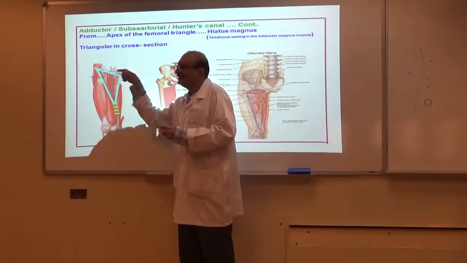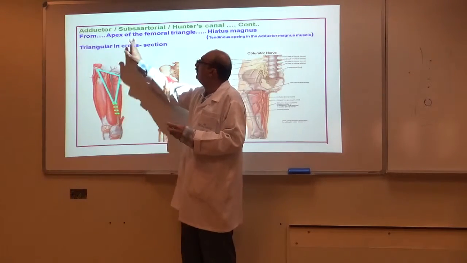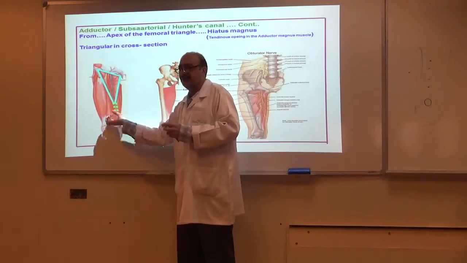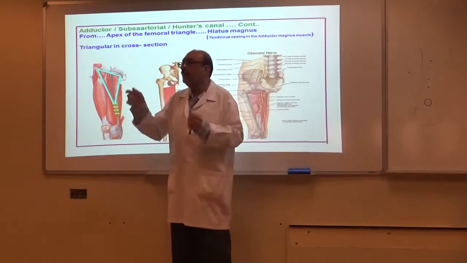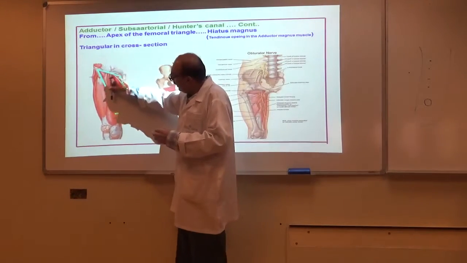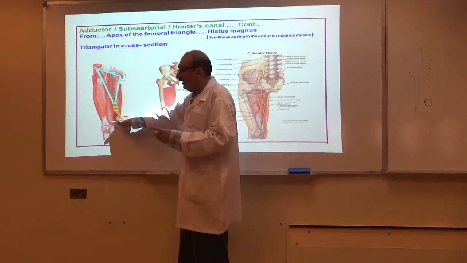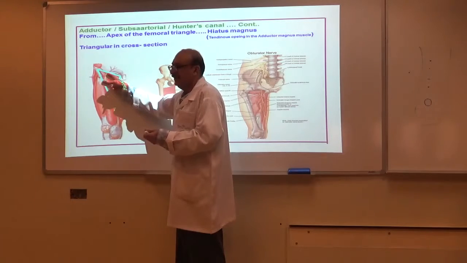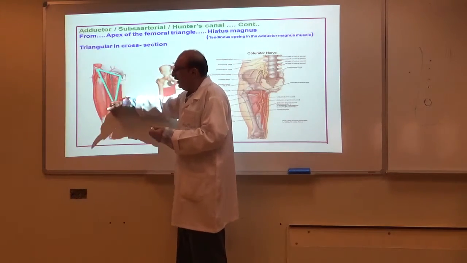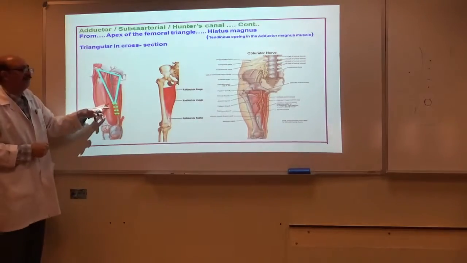Okay, so the subsartorial canal is extending from the apex of the femoral triangle till it reaches hiatus magnus. What is hiatus magnus? You know now. What is the function of this hiatus magnus? The femoral artery, which is entering from here, will cross the whole of the femoral triangle, of course in the sheath, then it will leave the sheath and cross directly through the femoral triangle until it reaches the apex.